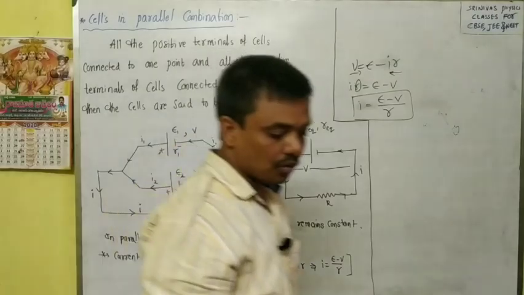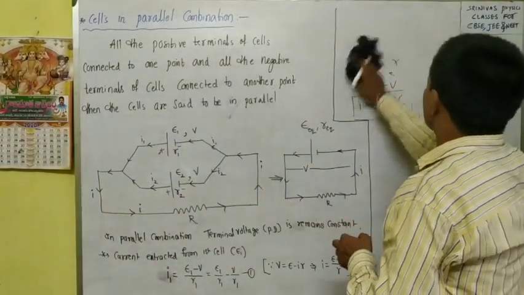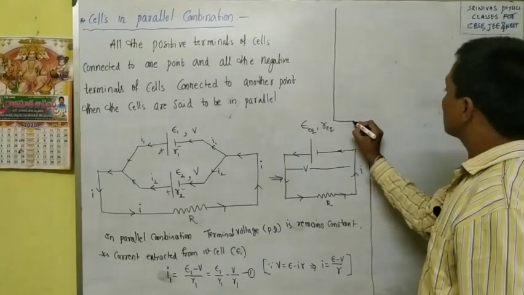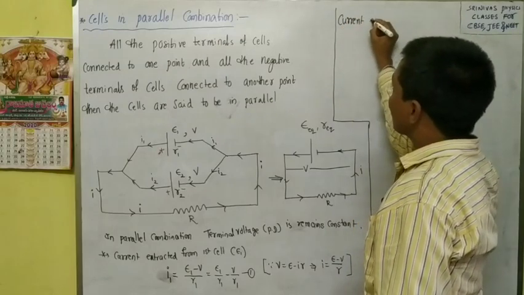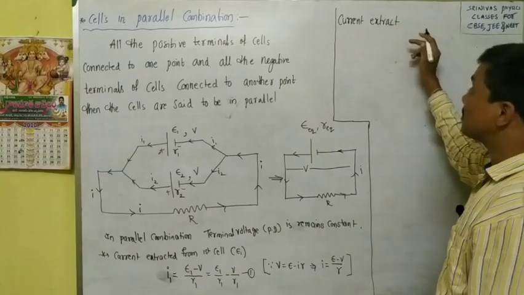Right. Now let us write the current extracted from the second cell. Current extracted, or current drawn. Extracted means drawn.